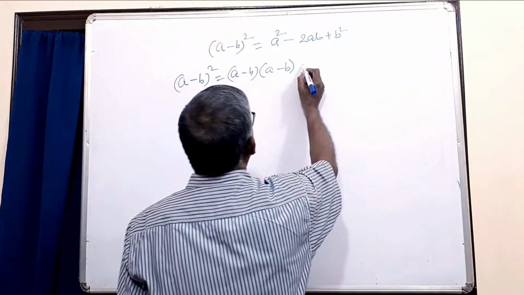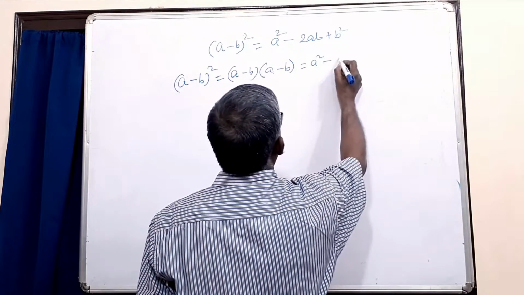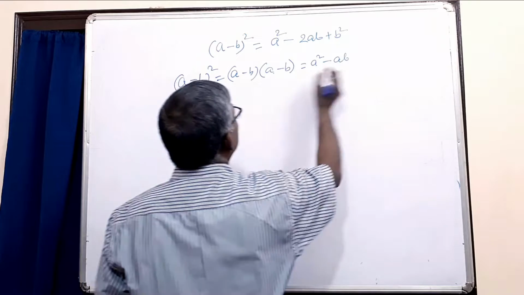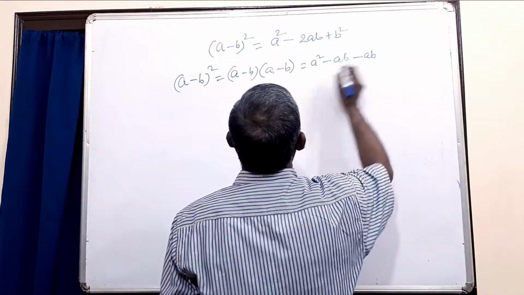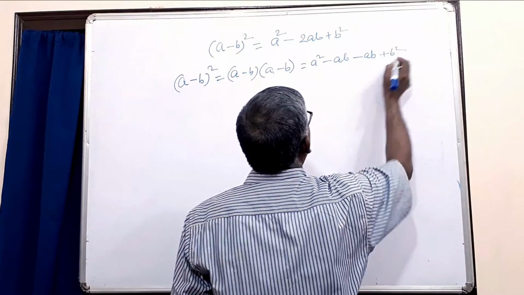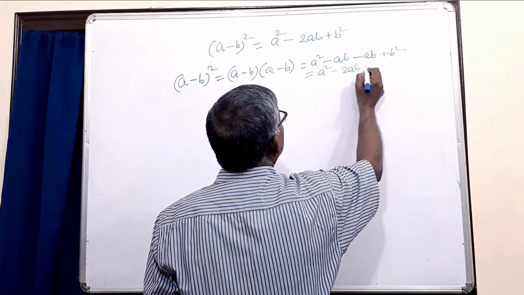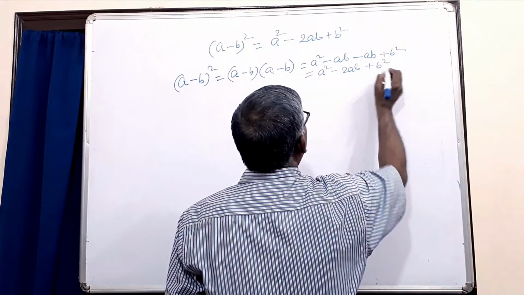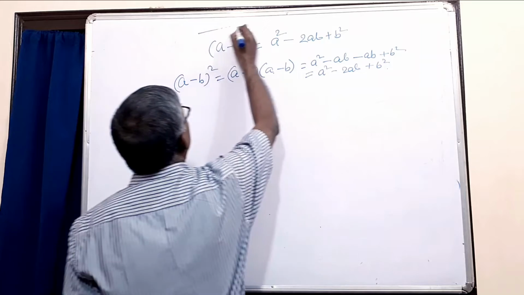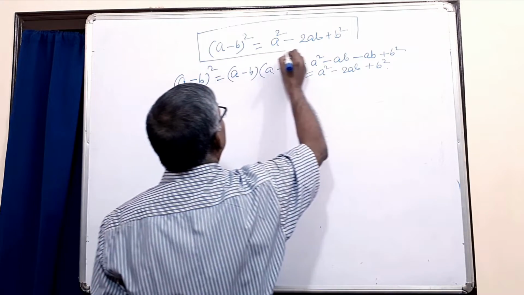Just write a into a means a square, minus ab. Here minus ab, and minus b means plus b square. So it is a square minus 2ab plus b square. So students, please remember this formula.